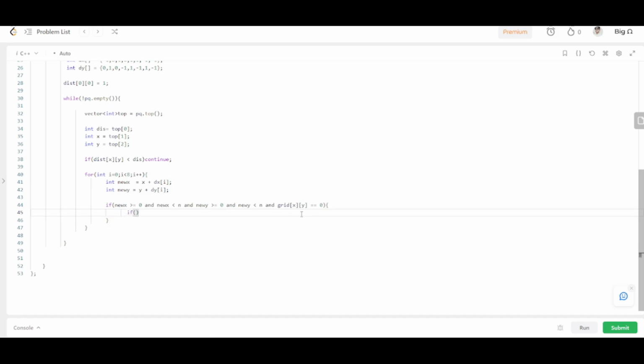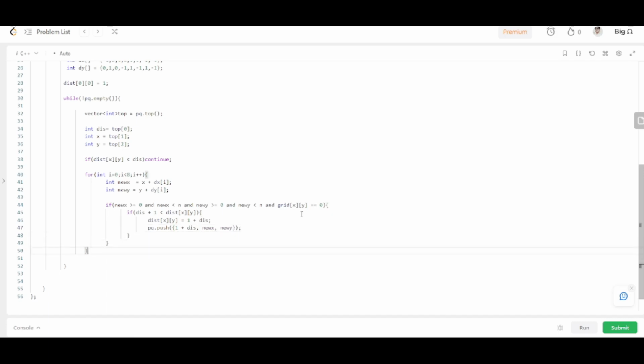Now here check if the distance that we calculate for this cell is better. If it is the case, then update the distance for this cell and push this new cell into the priority queue. So it's 1 plus dis, new x, new y.